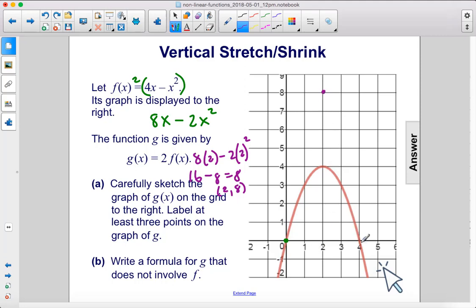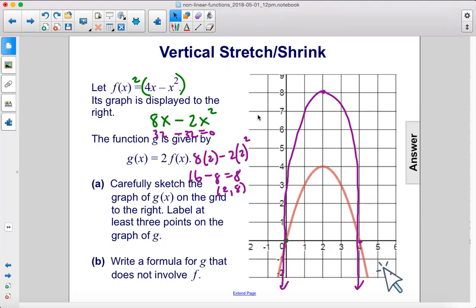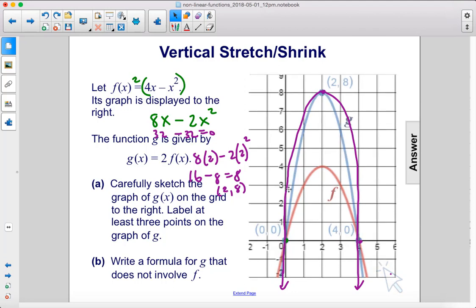And finally, when x equals 4, we have 32 minus 32, that equals 0 again. So now our graph looks like this. So we can see that our graph now goes all the way up there, but still has the same x-intercepts.